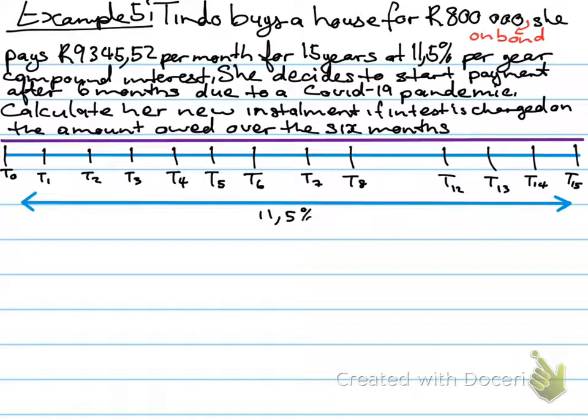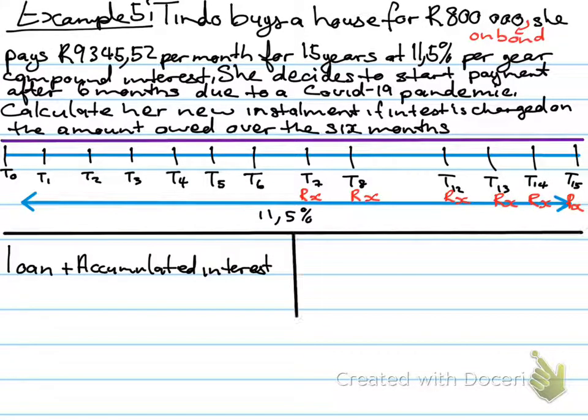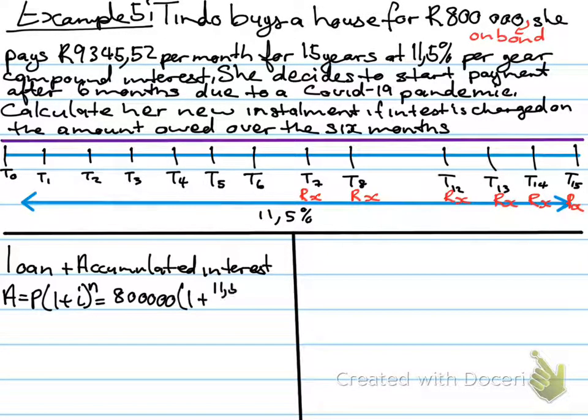So at the same interest rate, we presume that interest rates will not change. So it's going to be loan plus accumulated interest. Can you see that? So first of all, we have to calculate the interest for the 6 months.